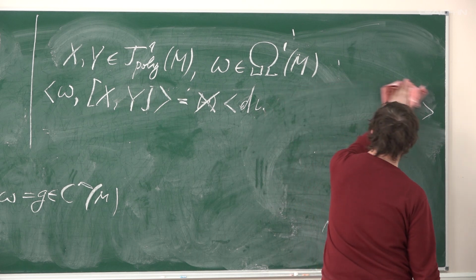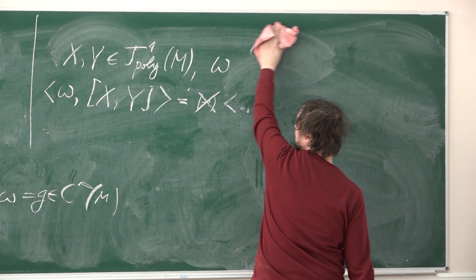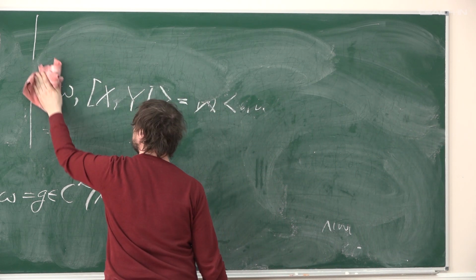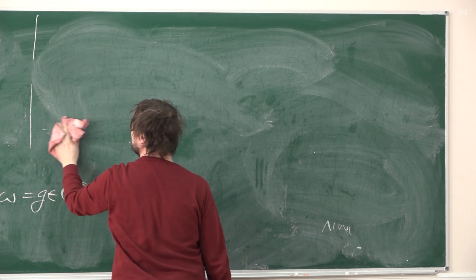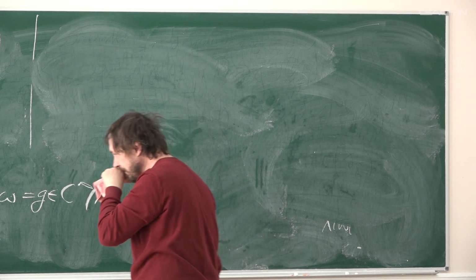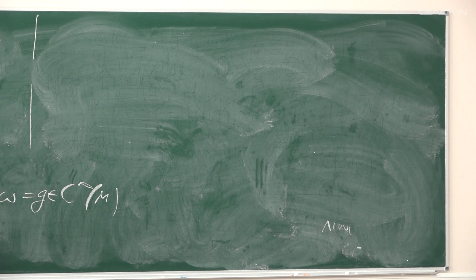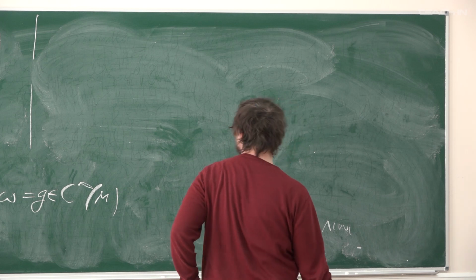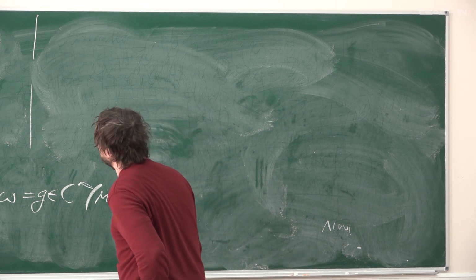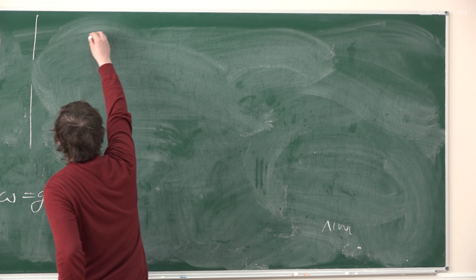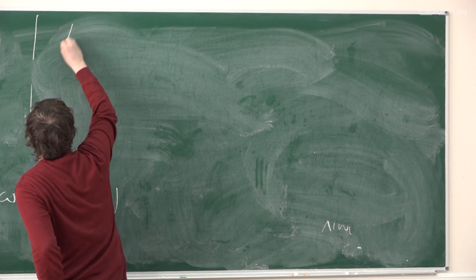Okay, so let us go on. That was what was left from the last time. Now we go on. I think I need to explain a few moments about the Poisson structure. So first of all, definition.